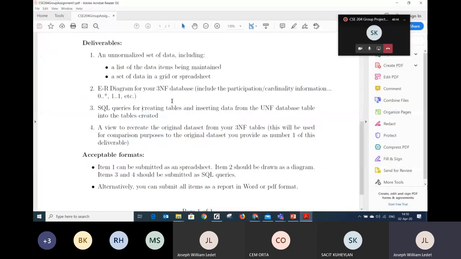So you just need to put those SQL queries: the create table queries, the insert into using the select from, and then make sure you use the select distinct. Then I want you to also make sure that you include creating your foreign key constraints, right?